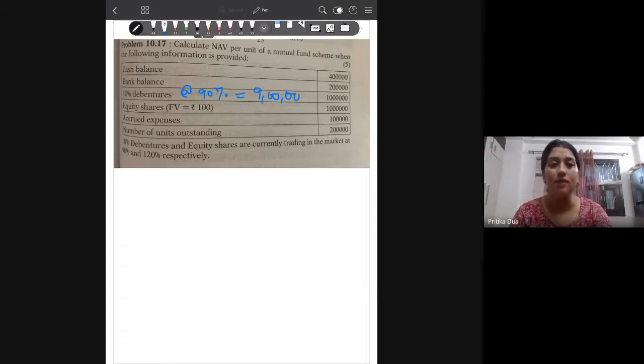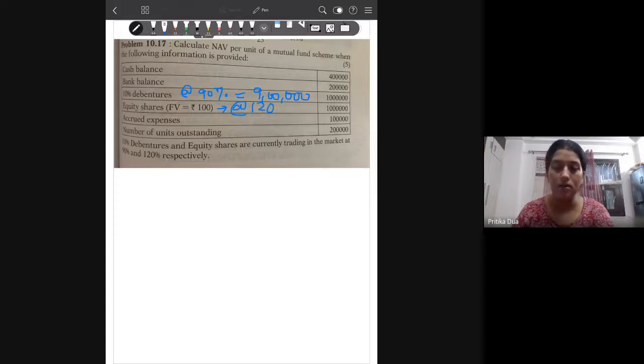On the other hand, for equity shares, you are given the face value of each share. So when we calculate and compare the fluctuation, it is always over the face value. So the face value of 100 rupees has, as of today, risen to 120.